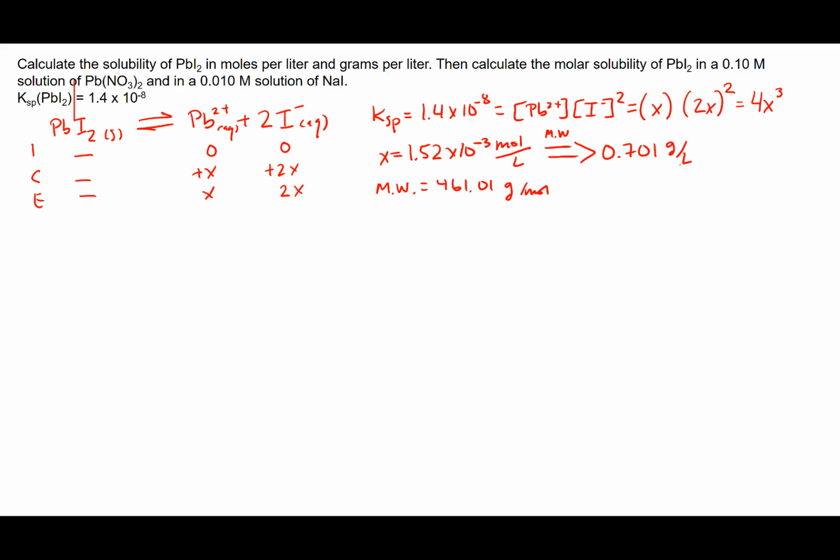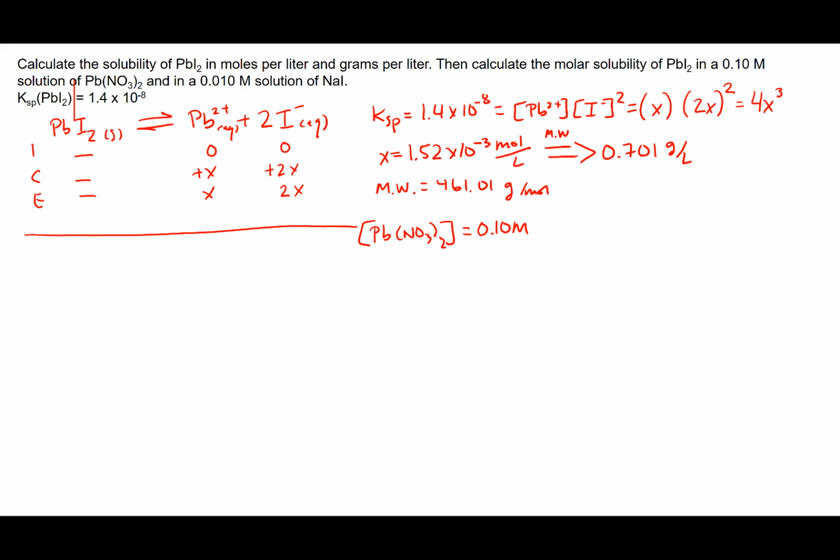Now, if we wanted to do it for the common ion, where we already have some of the ions present in solution, all we have to do is an ICE table, but our initial conditions are different. So if we do the Pb(NO3)2 scenario, where we have the lead nitrate, that concentration is going to be 0.10 molarity.